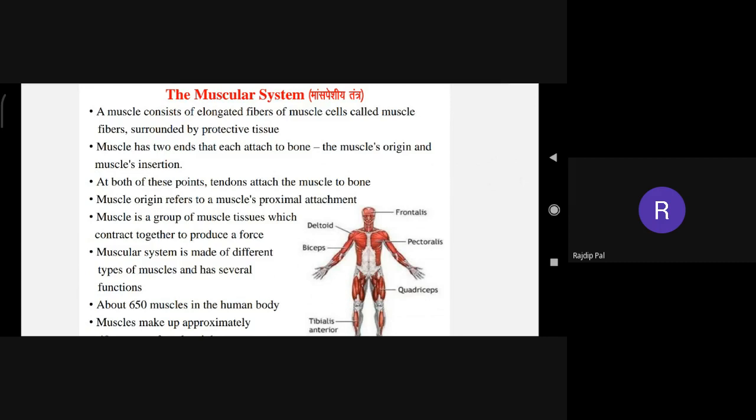But from where is this force getting generated so that the flow of blood is consistent? This force is generated by our muscles only. They consistently contract and relax, the smooth muscles, and they help to continue the flow of blood.